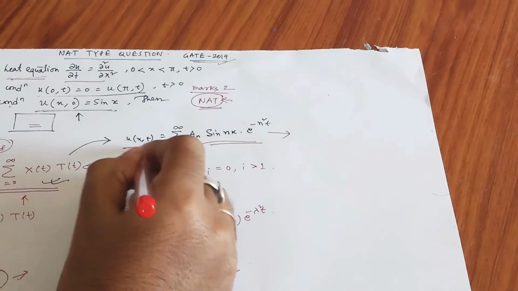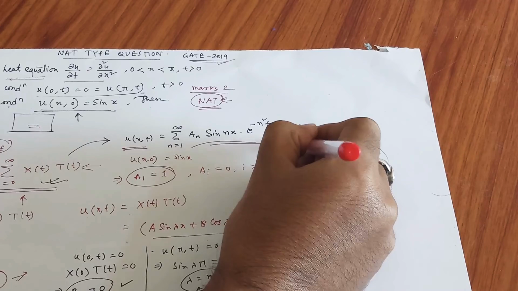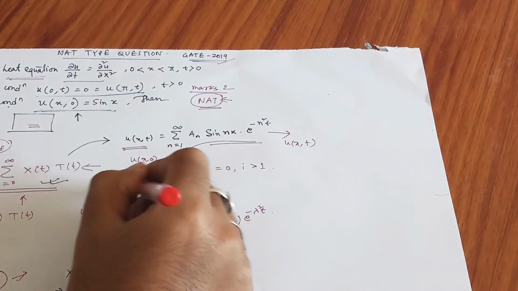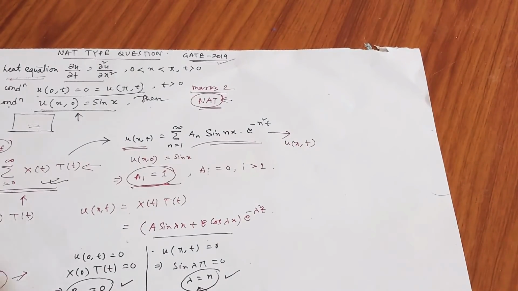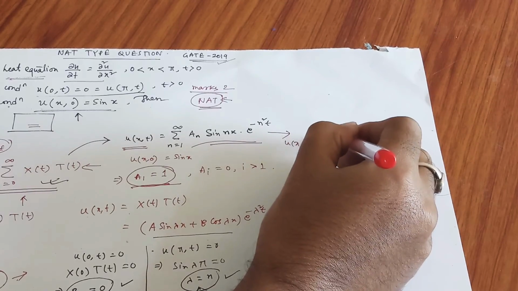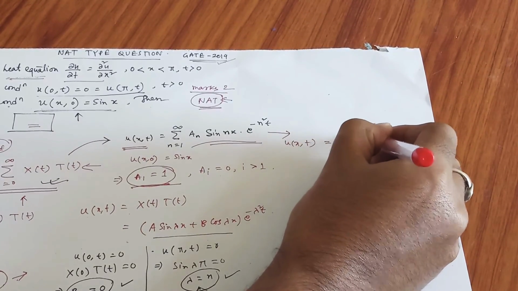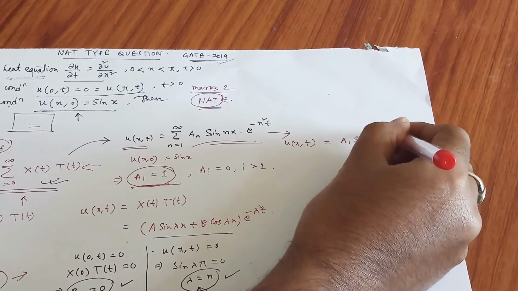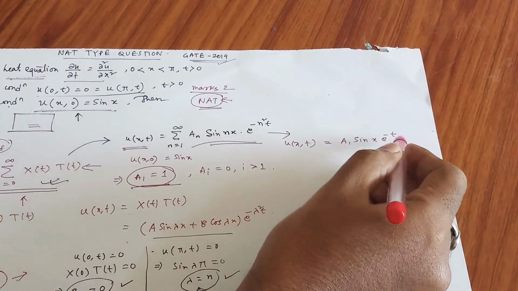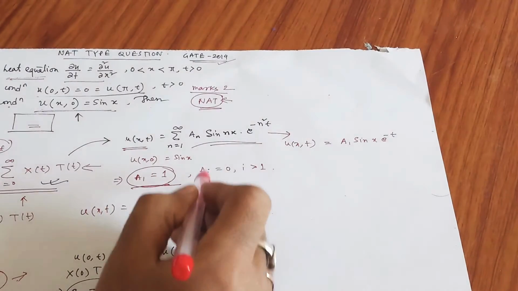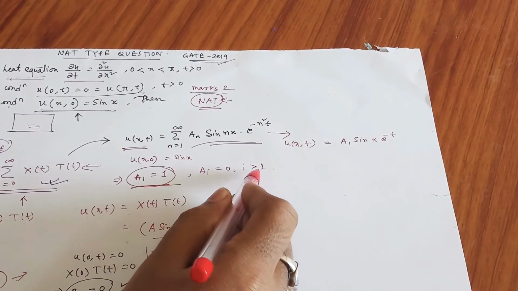Now u(x,t) turns out to be, with this formulation, only a1 is the existing term. For n equals 1, you will get e to the power minus t, and the rest of the terms will be 0 because all the a_i's are 0 for i greater than 1.